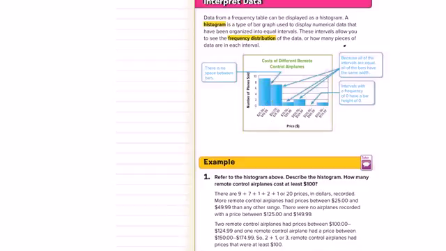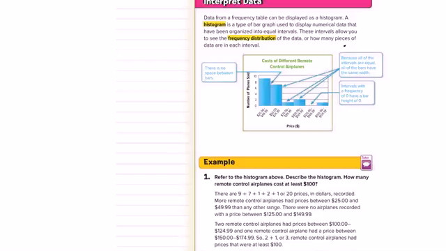Okay? Let's look at example 1. Refer to the histogram above. Describe the histogram. How many remote control airplanes cost at least $100? So, if they want to know how many cost at least $100, I'd have to look at that. We can see that there are 9 plus 7 plus 1 plus 2 plus 1, or 20 prices that are recorded here.